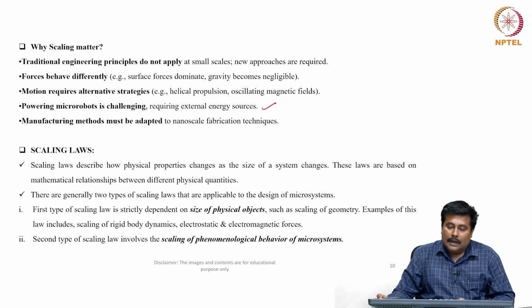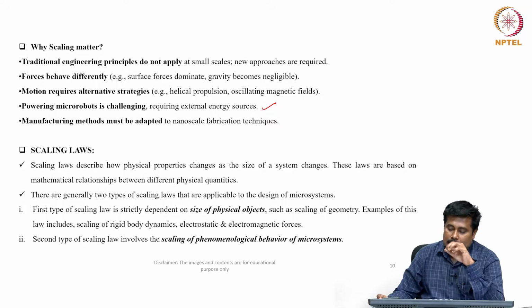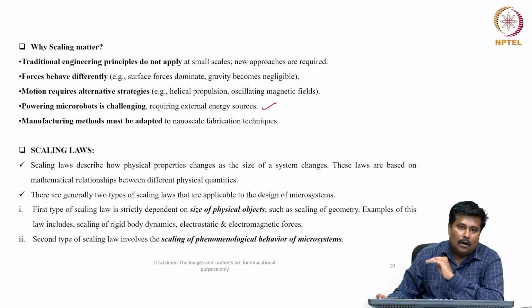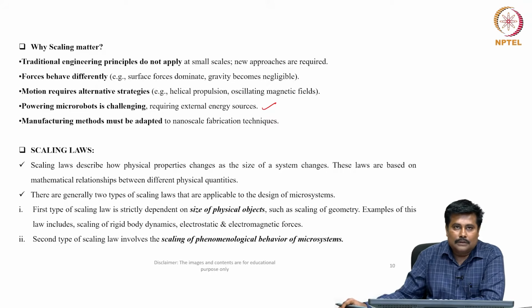The first type of scaling law strictly depends on the size of the physical object, such as scaling a geometry. Examples of this include scaling of rigid body dynamics, electrostatic and electromagnetic forces. The second type of scaling law involves scaling of the phenomenological behavior of microsystems.